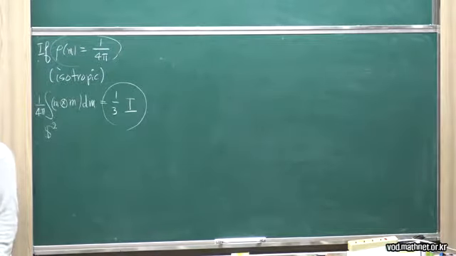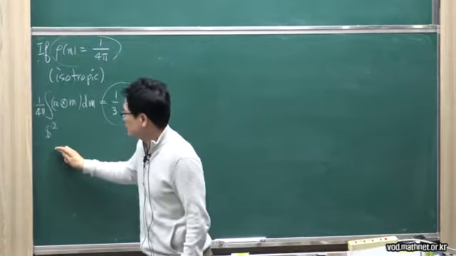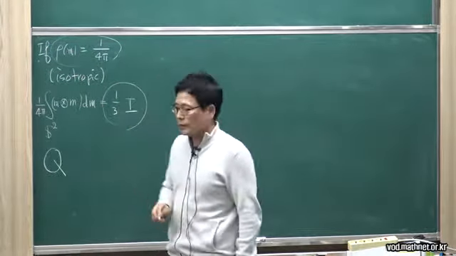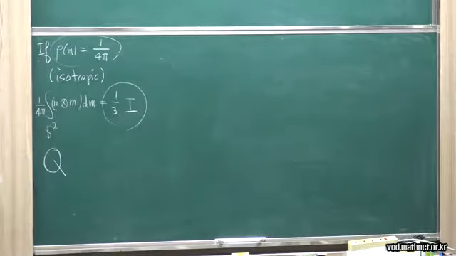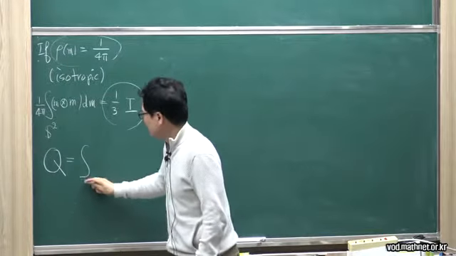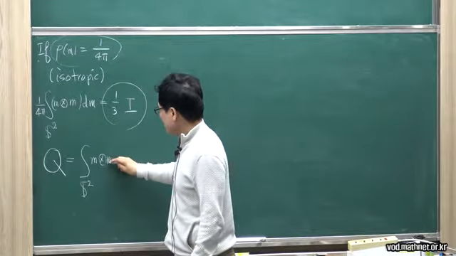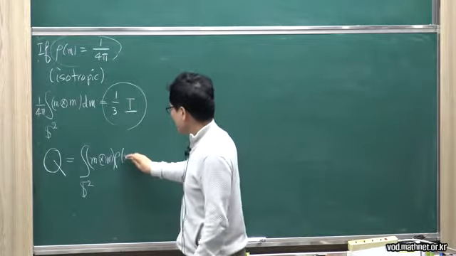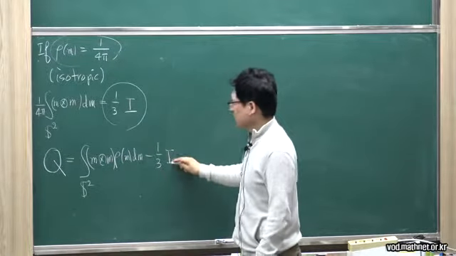For this type of liquid crystal, we define Q as a matrix. Given x, I have a Q matrix, defined to be the second moment, the integral over S2 of m tensor m rho m dm, minus 1/3 identity.